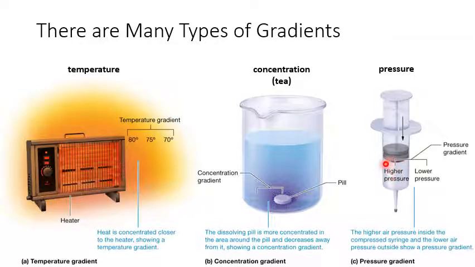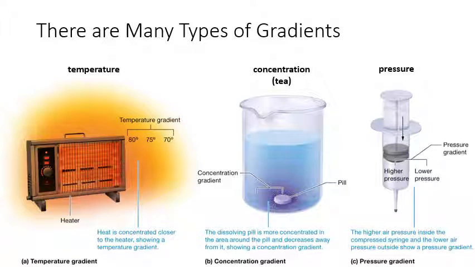So you end up with a high pressure inside the barrel and a lower pressure outside in the air. That is a pressure gradient, and whatever this fluid is, it's going to move spontaneously from the area of high pressure to the area of low pressure. That is the reason why you're able to inject things using a syringe. That is how syringes work, based on creating that pressure gradient.